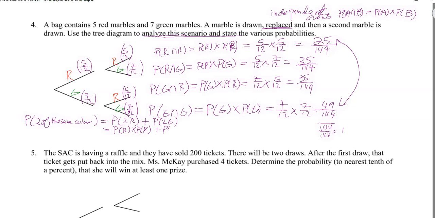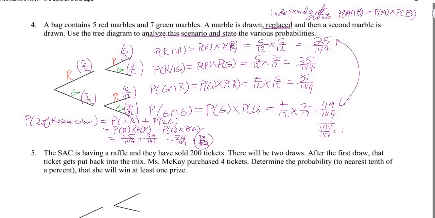The probability of 2 greens is probability of green times the probability of green, which is 25 out of 144 plus 49 out of 144, which is equal to 74 out of 144. This should be reduced. It's 37 out of 72.